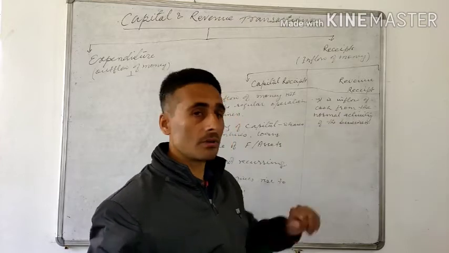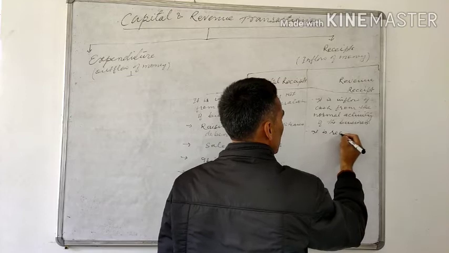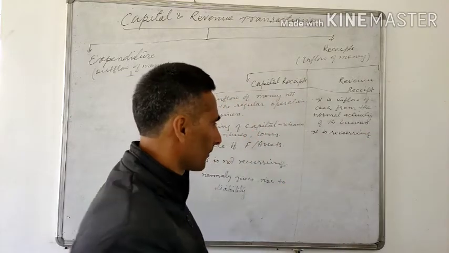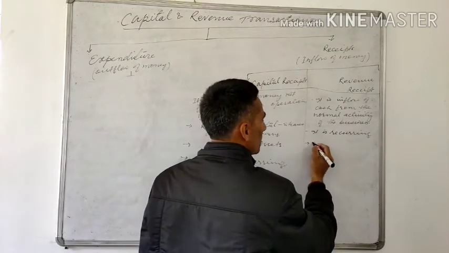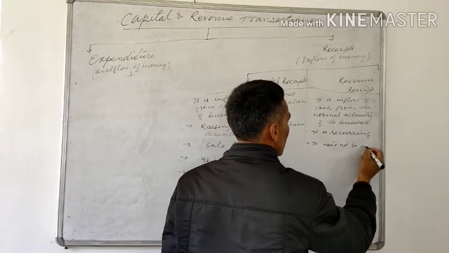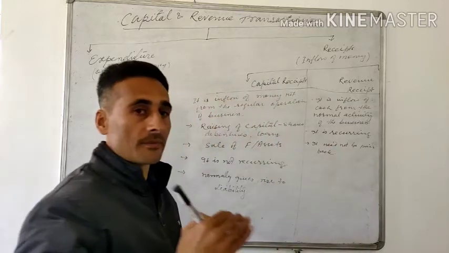It is recurring in nature. That means it keeps on happening. You keep on receiving the money, right? Now this need not be paid back. Whatever you are receiving, you don't need to pay back. That is your revenue receipt.